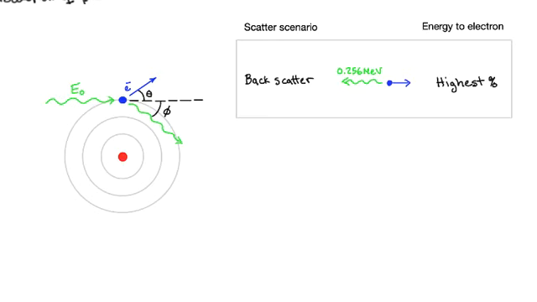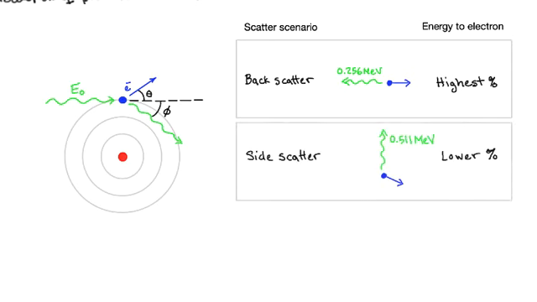You can prove that mathematically. If it's scattered up to the side, like this, then it's going to have twice that energy. It's going to have 0.511 MeV.